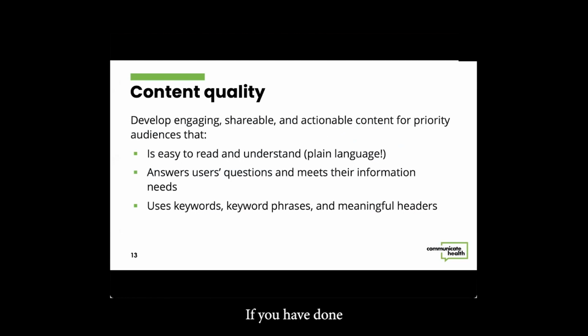If you have done any sort of surveys or formative research with your audiences and you know what they're looking for on your site, are you making sure that your content is written in such a way that it's easy for users to find that info? And are you leveraging what you know about the keywords and key phrases that your audiences are looking for? And in a little bit, we'll actually talk about how you can find out what keywords your audiences are using to get to your website.